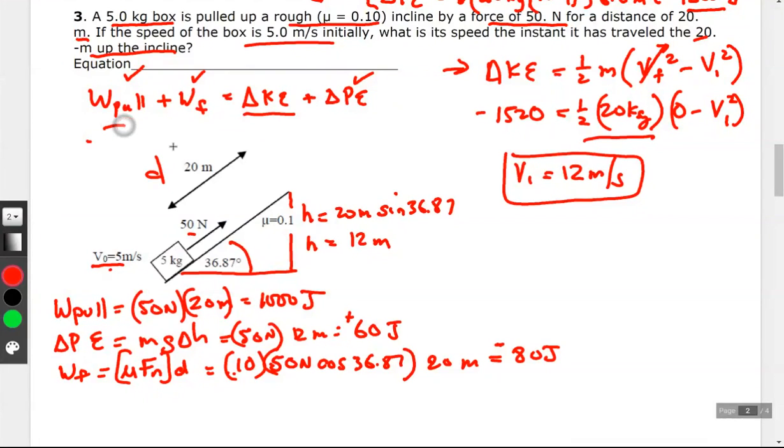So now I have all three, and if I can get that change in kinetic energy, I could find that velocity at the top. So let's come down here and say the pulling work is 1,000 joules, plus the negative work of friction, or minus negative 80 joules, equals the change in kinetic energy, which I'd love to find, plus the change in PE, which I have found as positive 60.